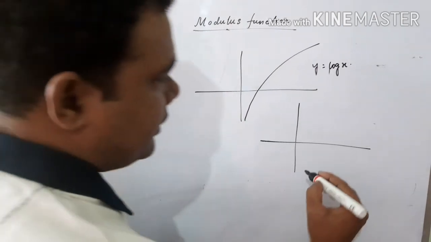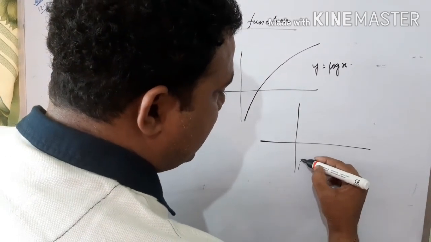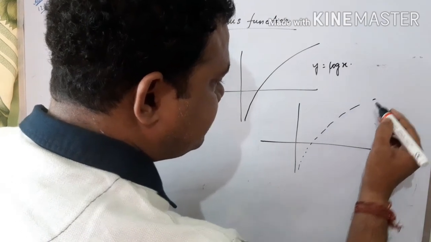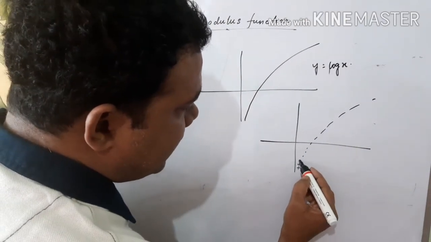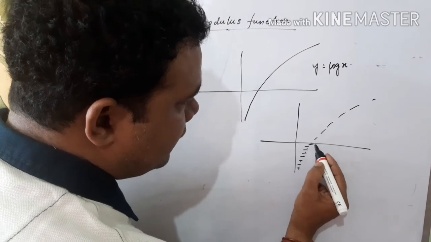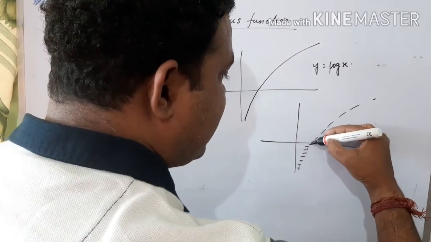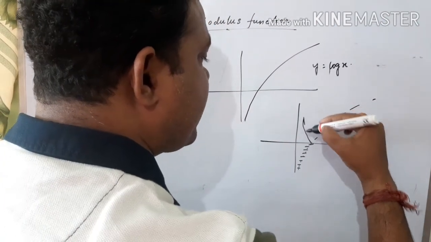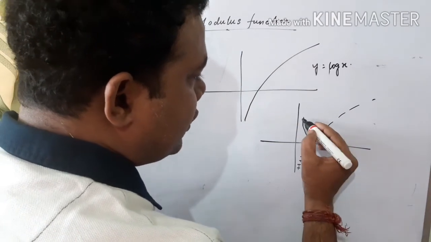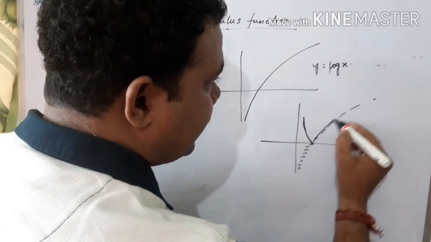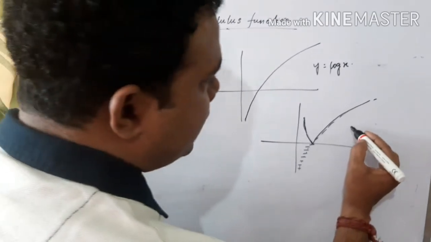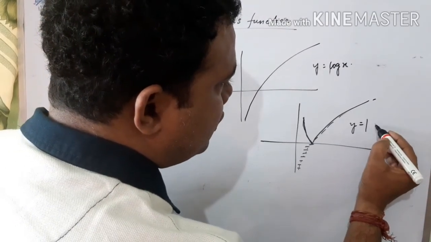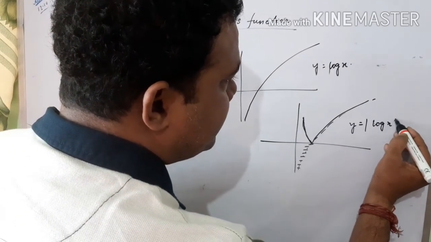So what will happen? This is the graph. We just erase this part and draw a mirror image of the part with respect to the x-axis. So the graph will look like this. This one is the graph of y equal to mod log x.